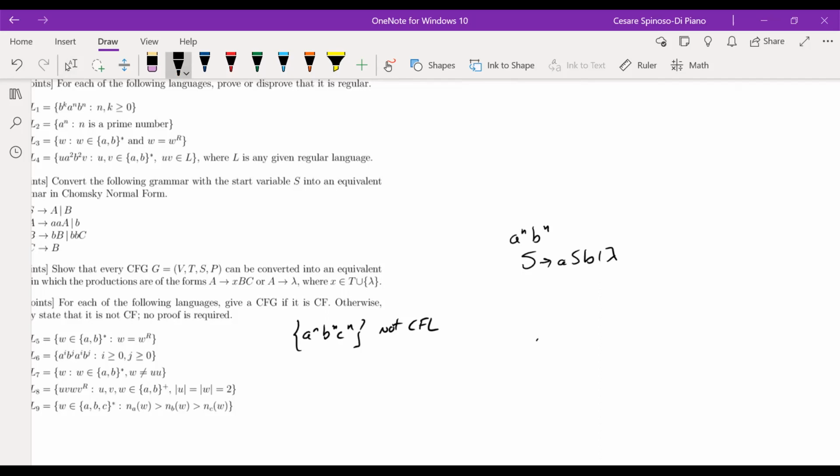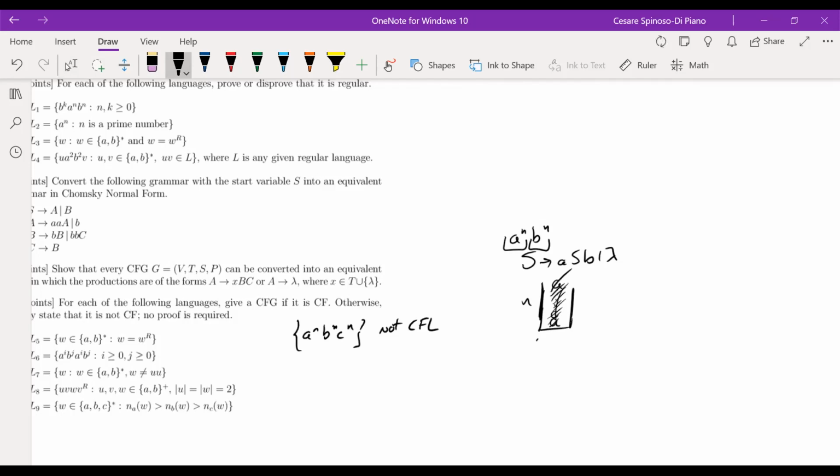So you would need to use a stack where for each A that you read, you push an A. So let's say you push n A's. So you have n A's in your stack, and then you need to read the same number of B's as A's. So for each B that you read, you have to pop an A, okay?